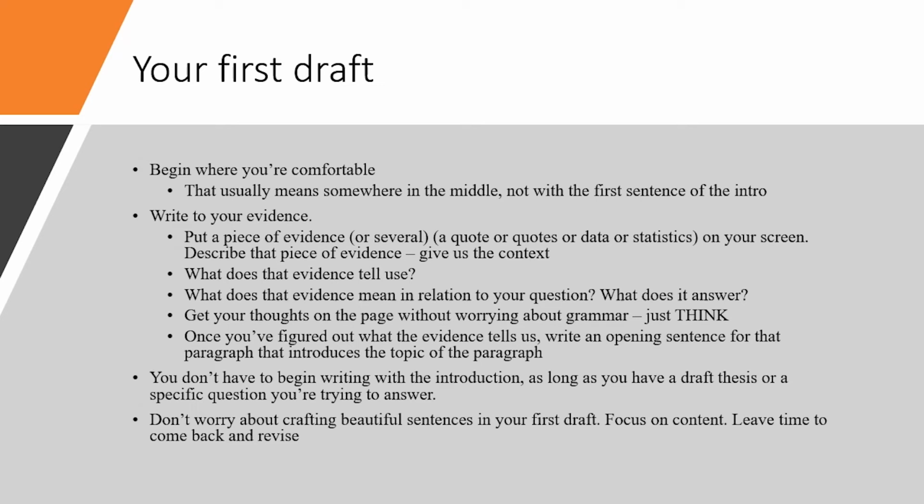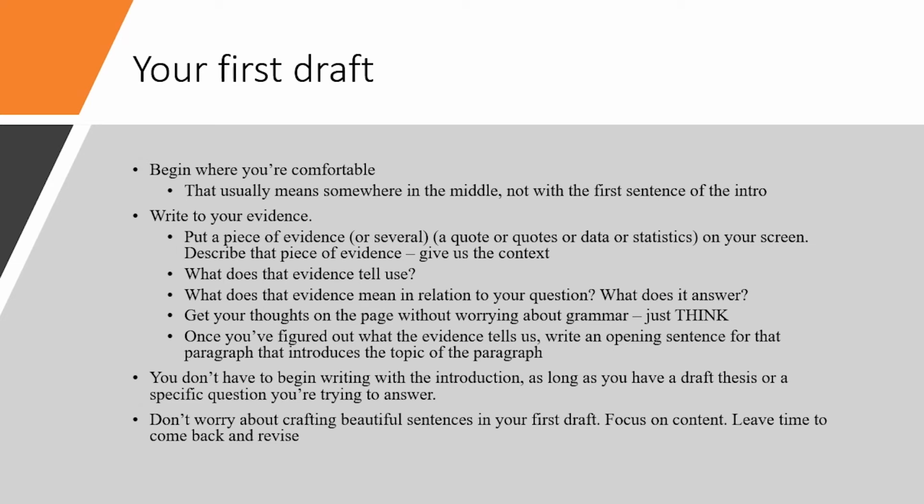Here's a suggested way of working, and that is write to your evidence. Look at the evidence you've gathered and try putting a main piece of evidence or several that are somehow related, a quote or quotes or data or statistics on your screen or at the top of your note page. Then think about it. Start writing.